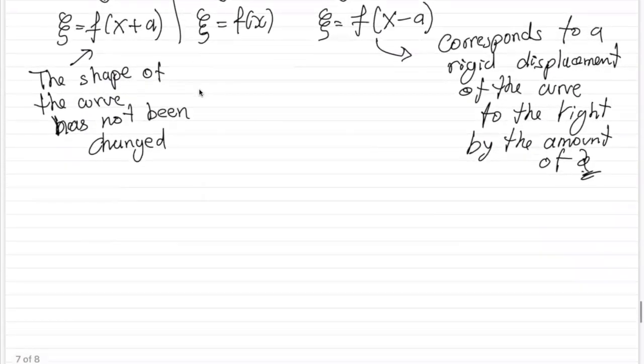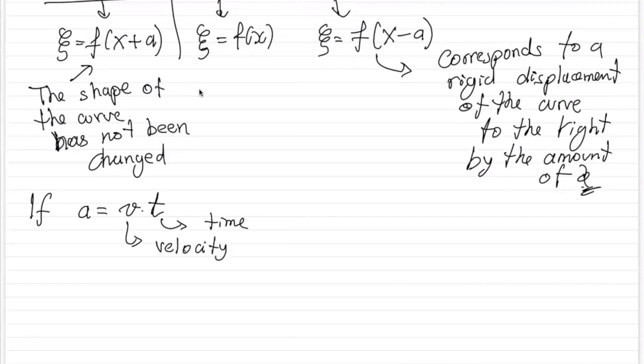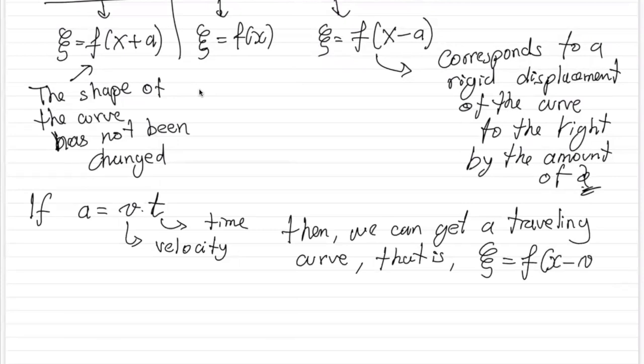Now if a is equal to b times t, where t is the time and b is the velocity of the wave, then we can get a traveling curve, and that is this function phi equal to f of x minus velocity times time.